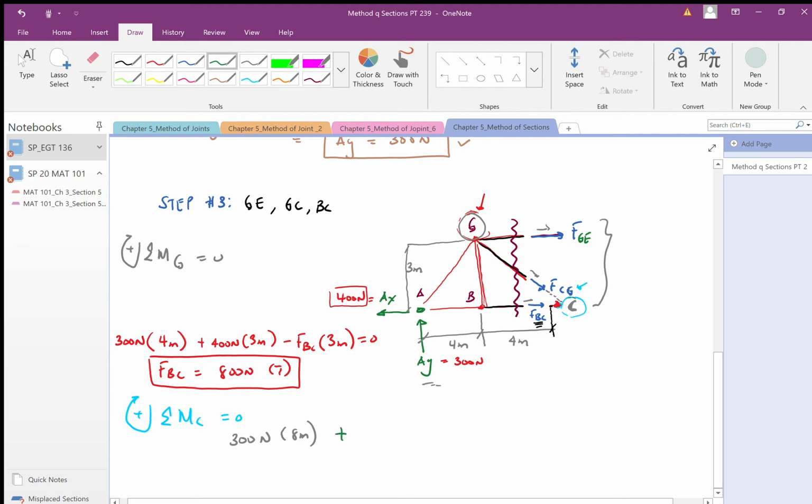So that's going to be plus FGE times 3 meters, and that equals 0. Whereby your FGE equals 800 newtons, and it's going to be in compression. It's going to be negative.